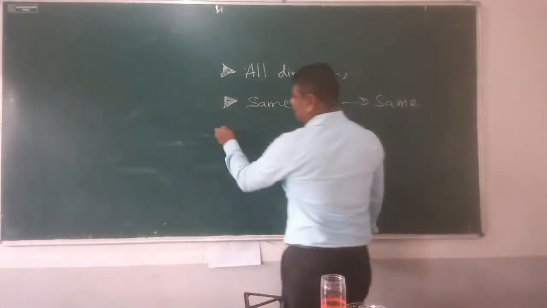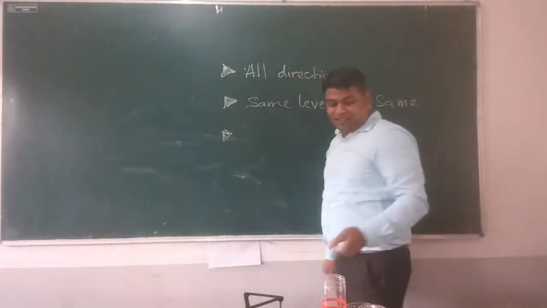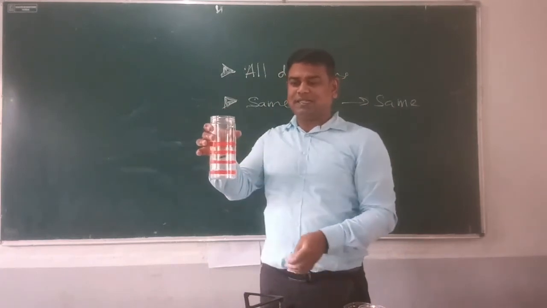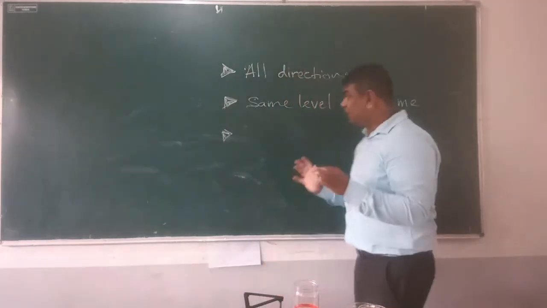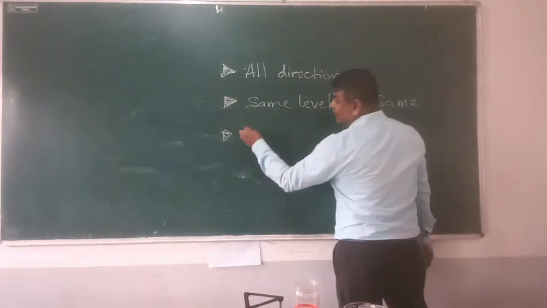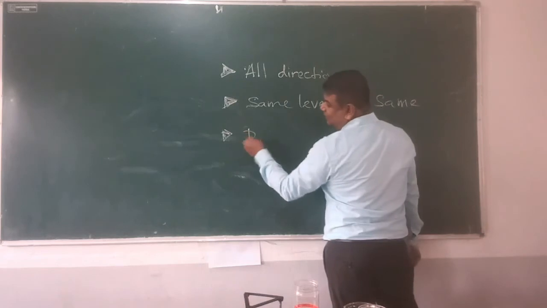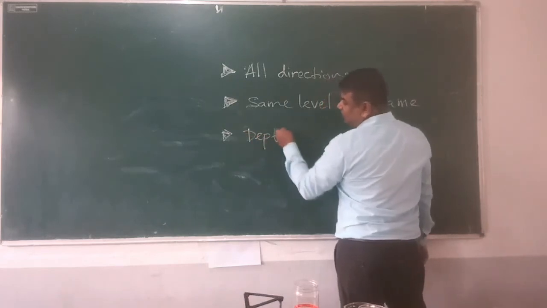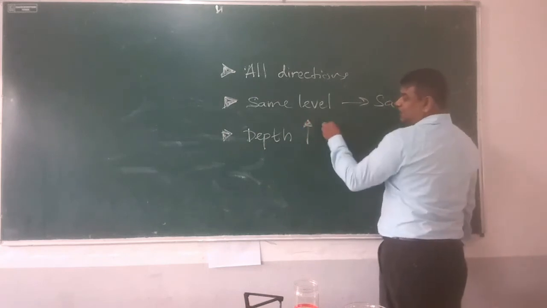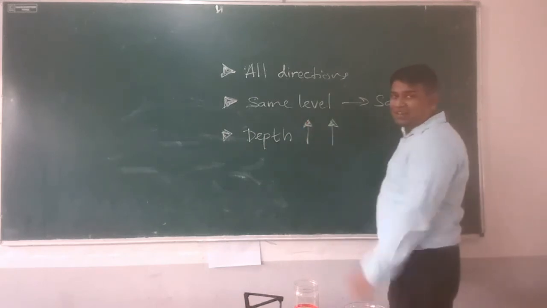Then the third one, number 3. Experiment with this container with 4 different holes. From this experiment we concluded the pressure increases with the depth of the liquid. If the depth of the liquid increases, then the liquid pressure also increases.